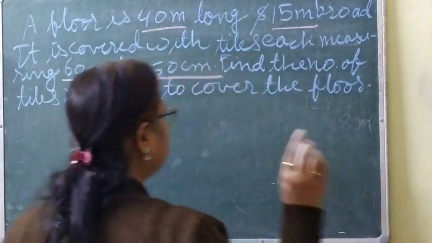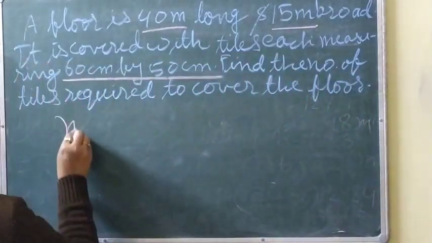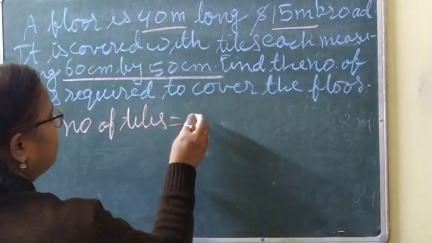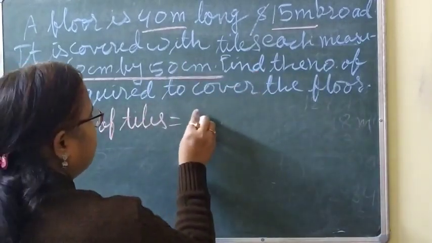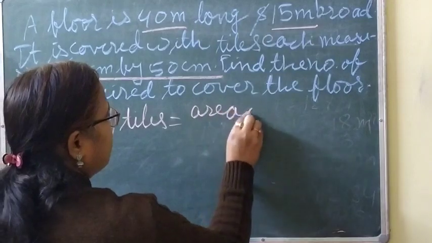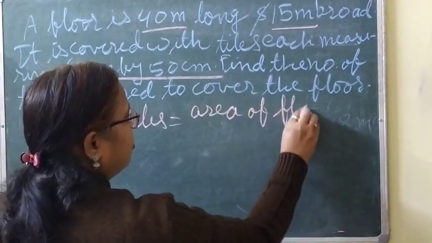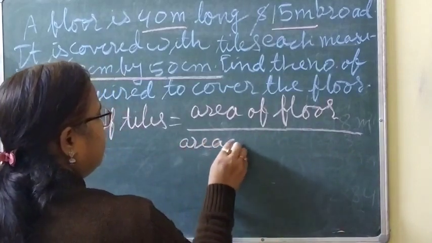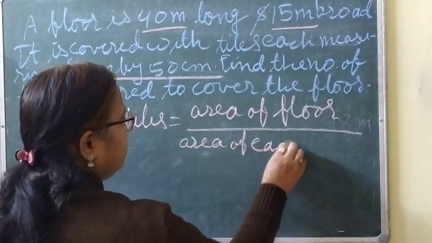How will we find the number of tiles? This is the formula: number of tiles is equal to area of floor by area of each tile.